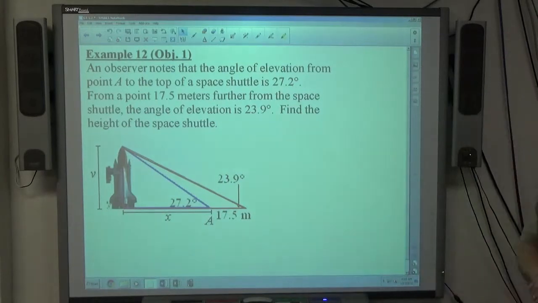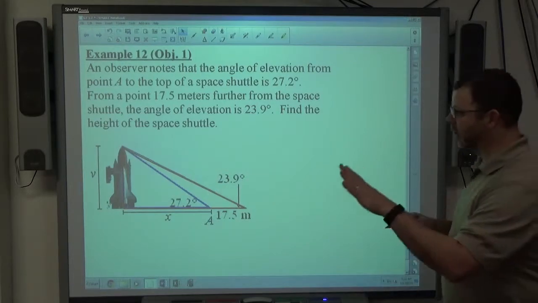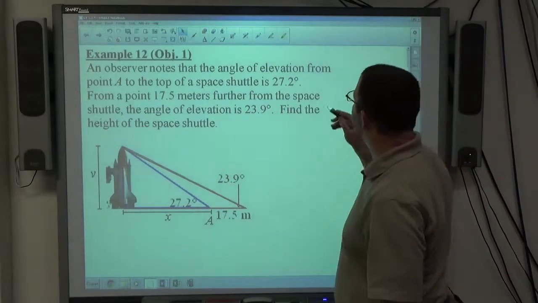Notice that V is a shared side on these two right triangles. On the blue right triangle, X is the bottom. On the red right triangle, X plus 17.5 is the bottom. So we've got two overlapping right triangles here, but they have some commonalities.